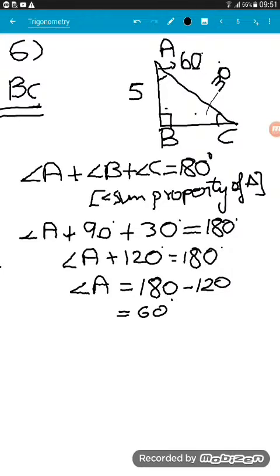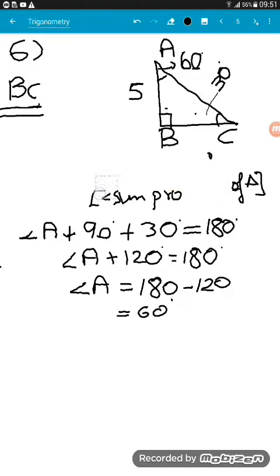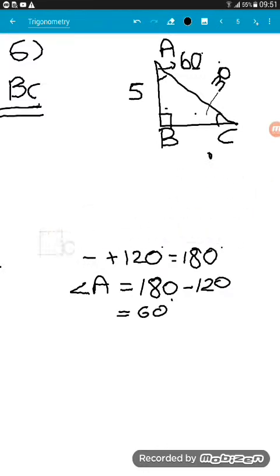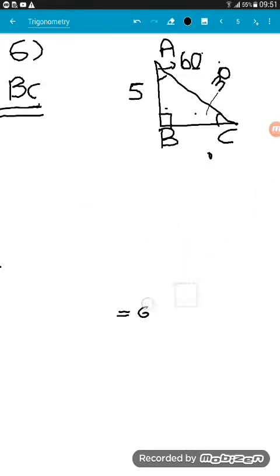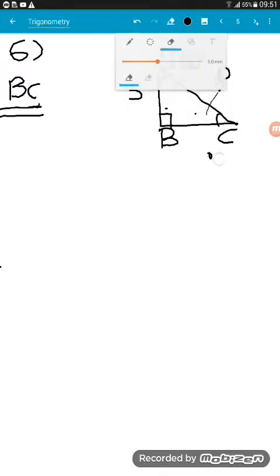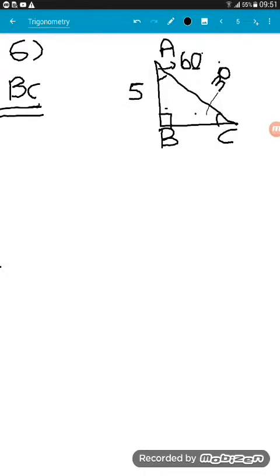Now our question is to find BC. So by using trigonometric ratios, it is easy to find BC. Determining the length of BC means we have to find the value of BC. There are many possible ways.